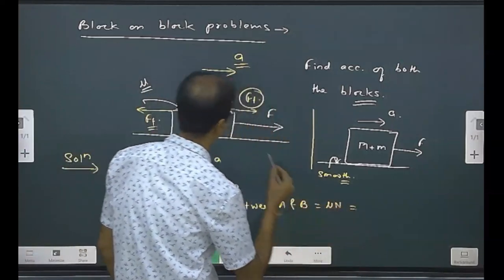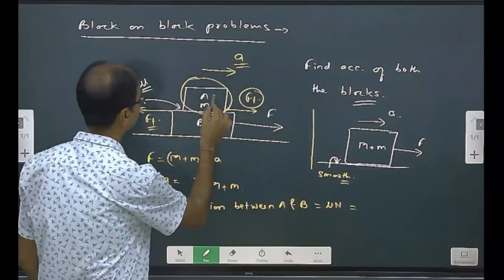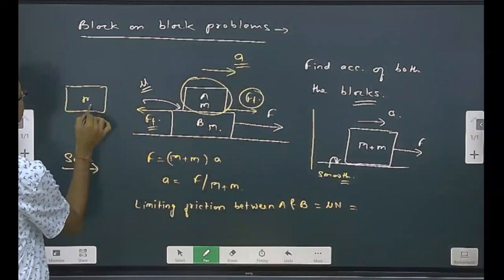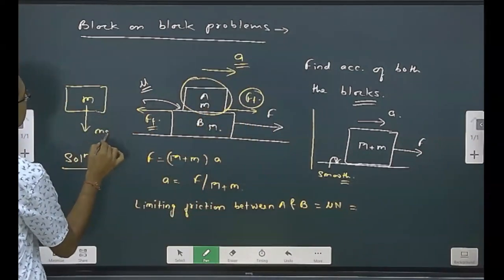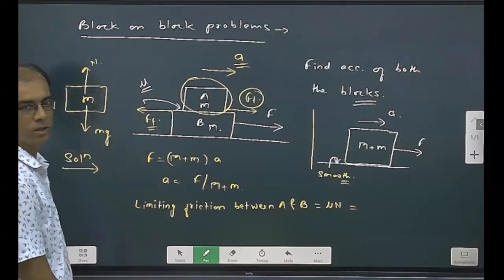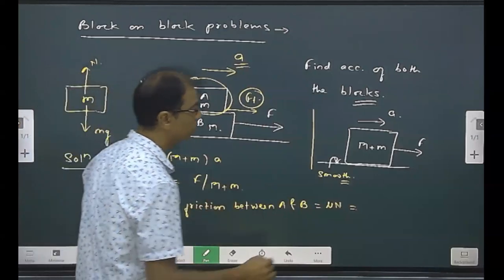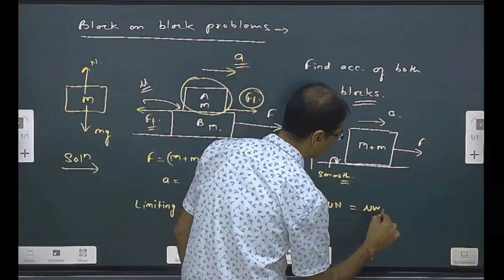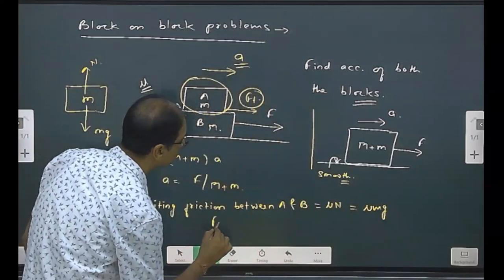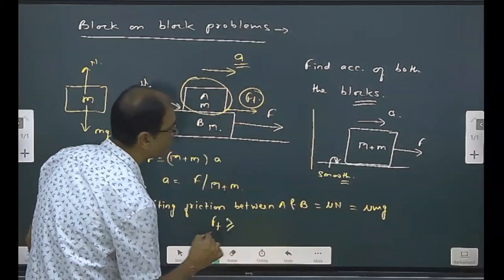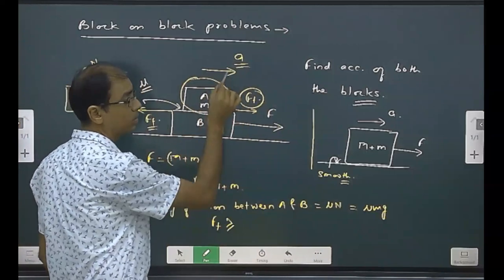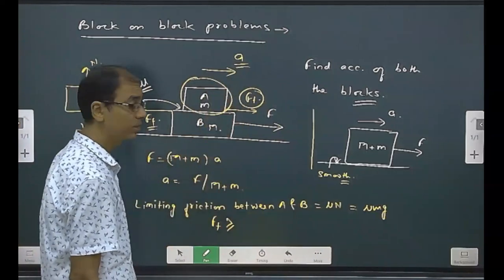And in this case particularly, if we make a free body diagram of this mass m, we know that N value is actually mg. N value is mg, right? So we can write mu mg. Now what? Now this mu mg, this force of friction, needs to be greater or equal to the force required by this block to move with acceleration A. What is the force required to move?